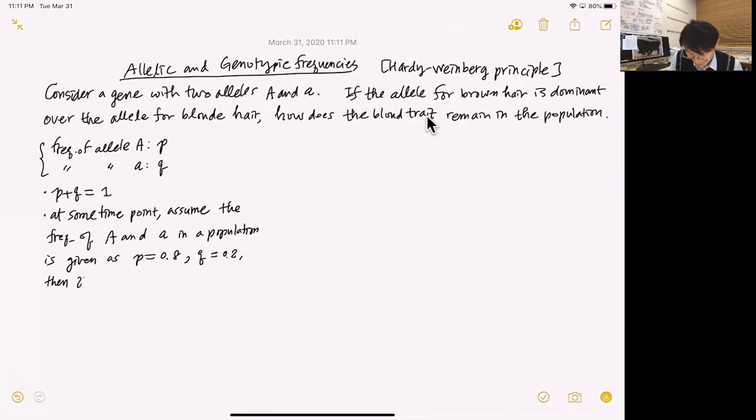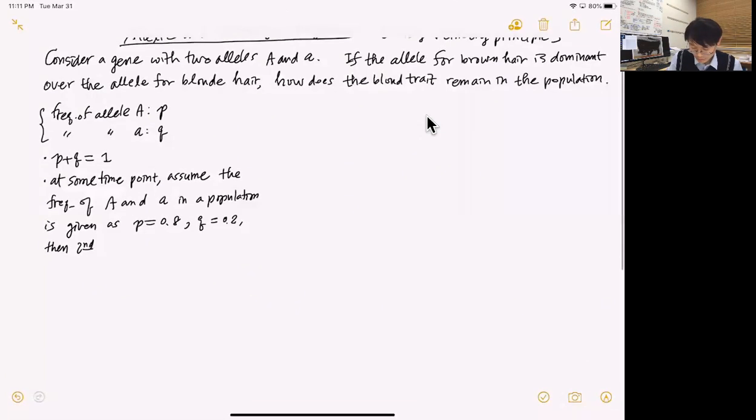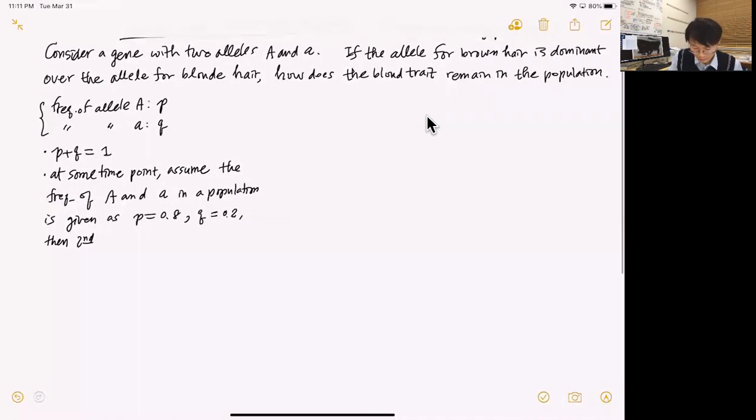So the second generation, let's start to think and calculate this. The second generation, with a male and female, assuming random mating: the allele for large A has probability 0.8, the allele for small a has probability 0.2. And likewise, the female is the same.